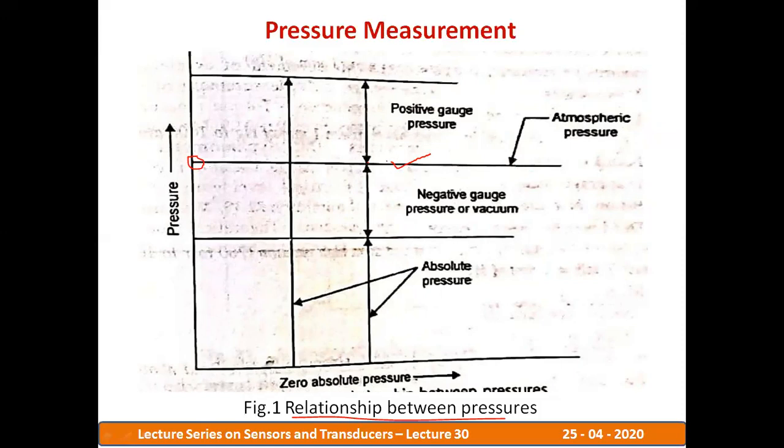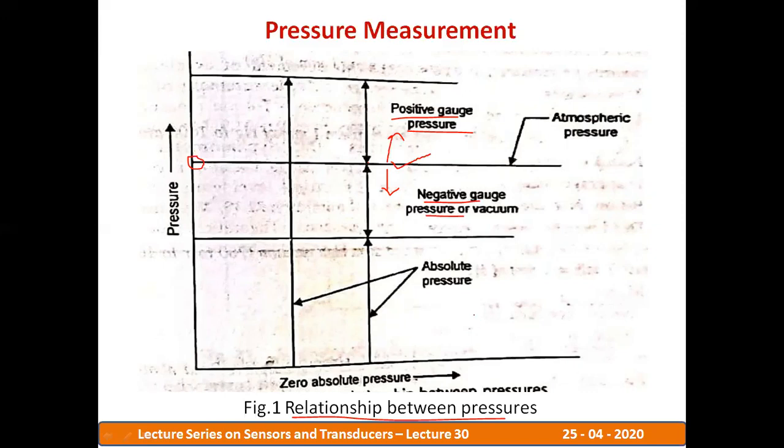Above this atmospheric pressure and below this atmospheric pressure, we will measure the gauge pressures. Correct? So here you can see above the atmospheric pressure line, it is a positive gauge pressure. Below the atmospheric pressure line, it is negative gauge pressure.